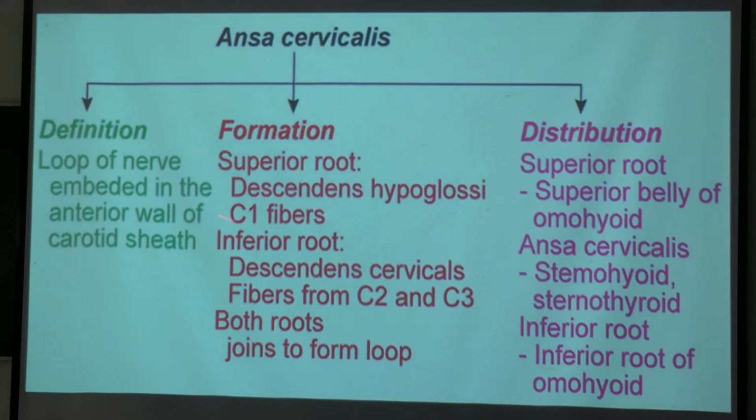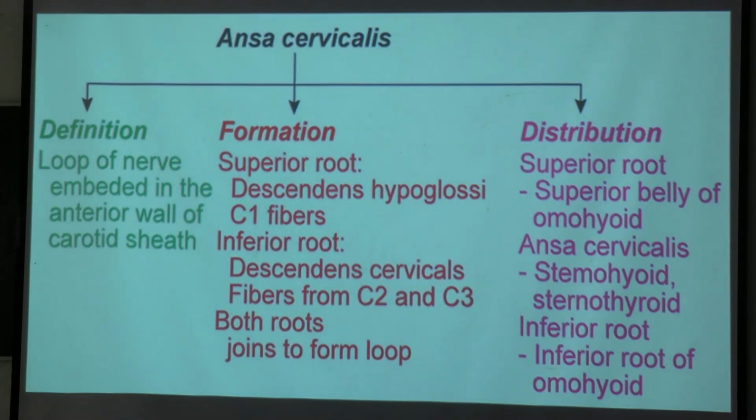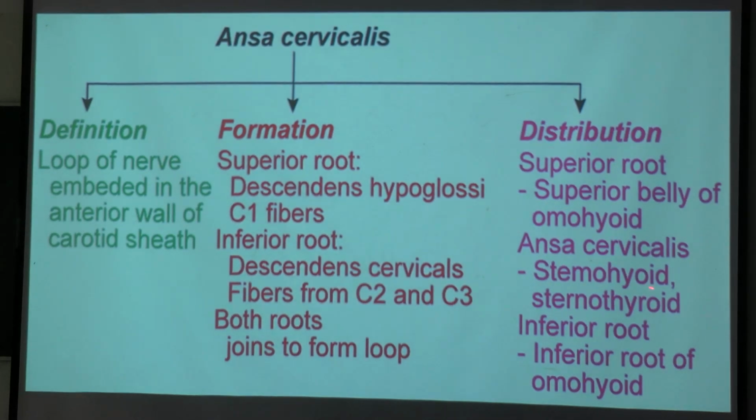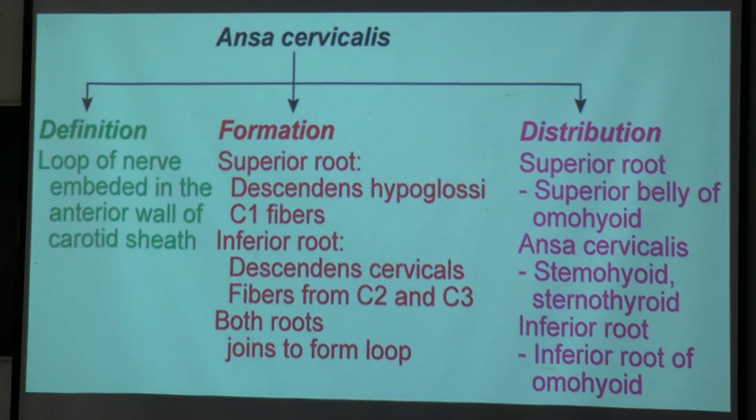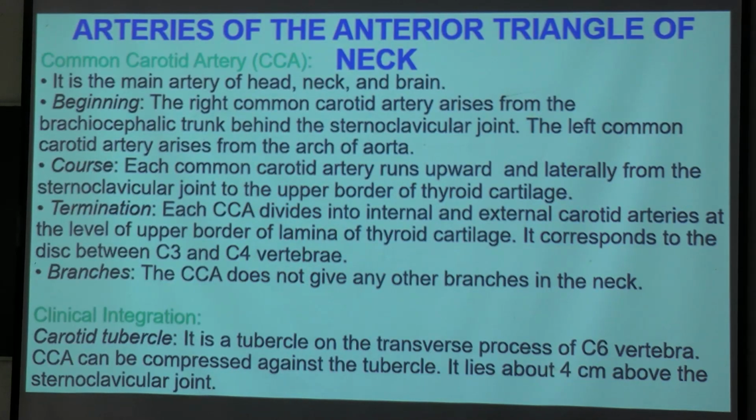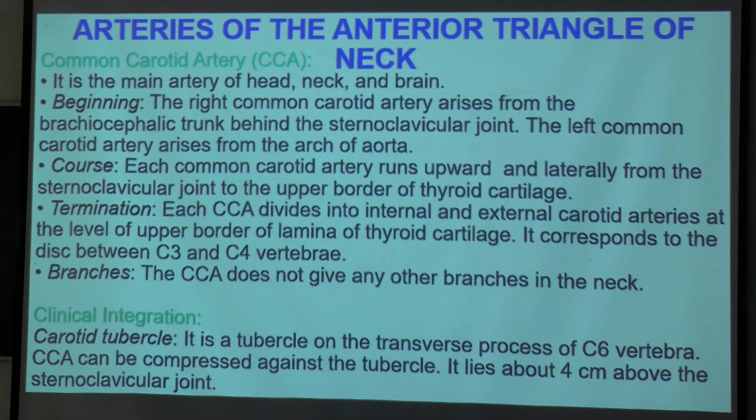Formation: superior root, descendens hypoglossi, formed by C1 fibers. Inferior root, descendens cervicalis, fibers from C2 and C3, and both roots join to form the loop. Distribution: superior root, superior belly of omohyoid; Ansa, sternohyoid, sternothyroid, and inferior belly of the omohyoid. Next we go to the detailed discussion of the carotid artery.